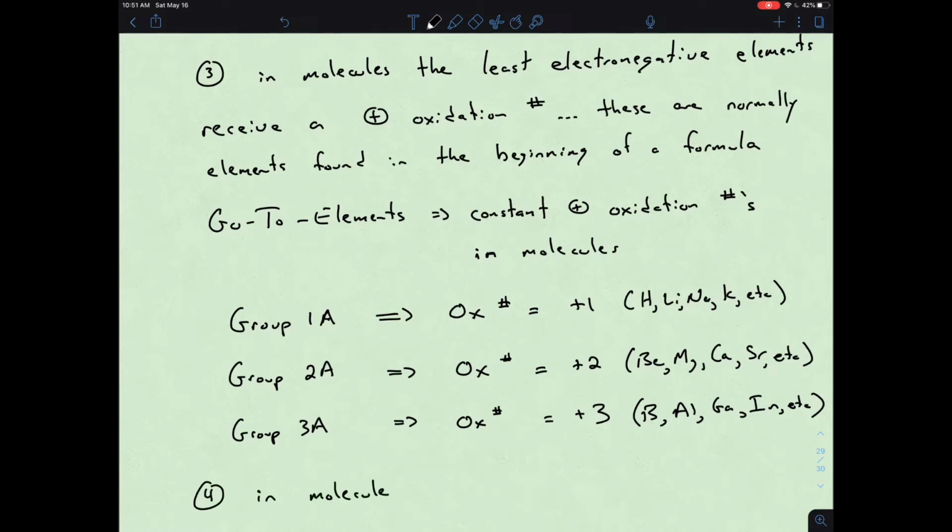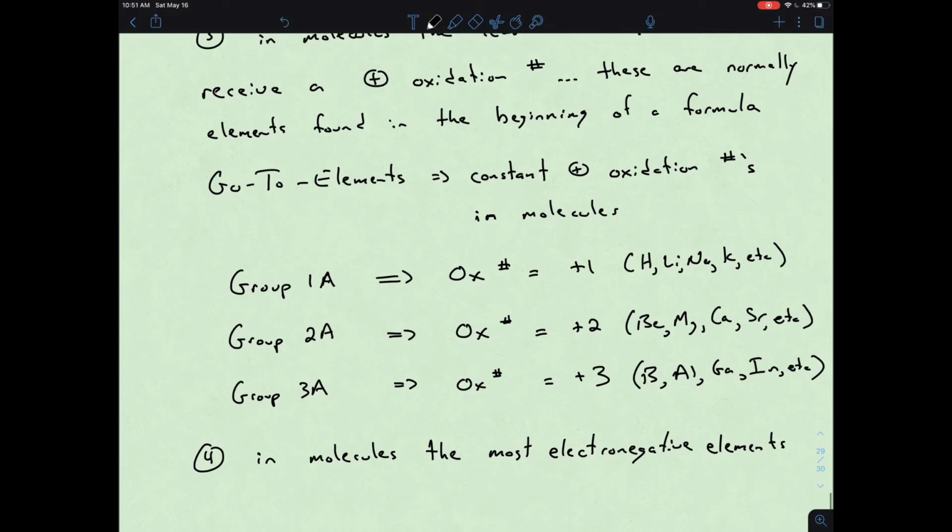In molecules, the most electronegative elements receive a negative oxidation number. These are normally at the end.